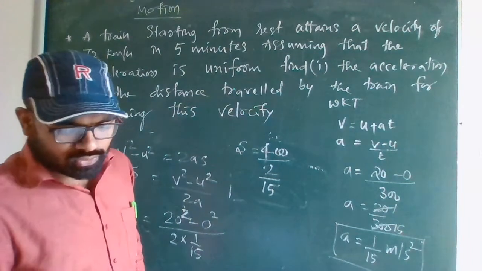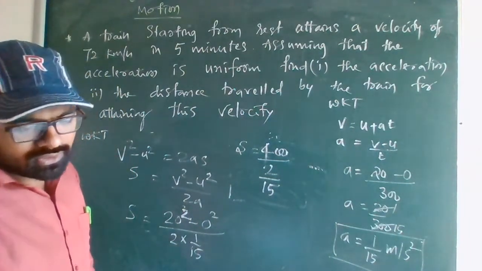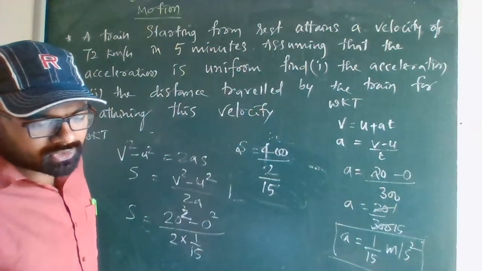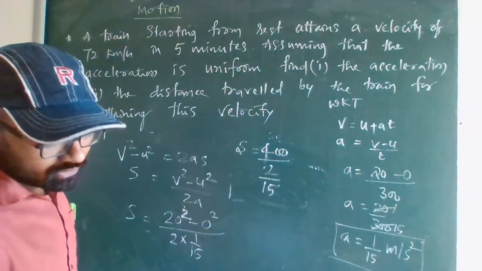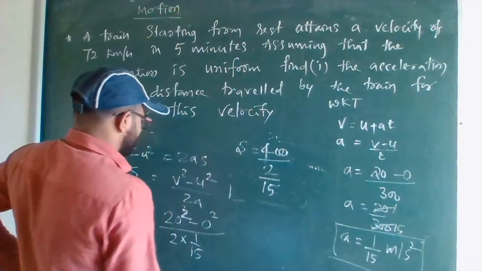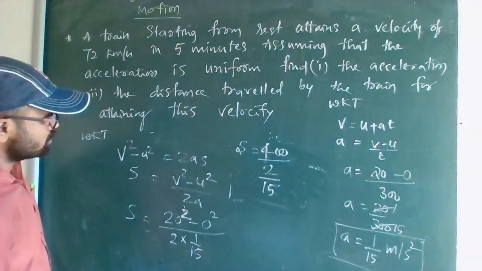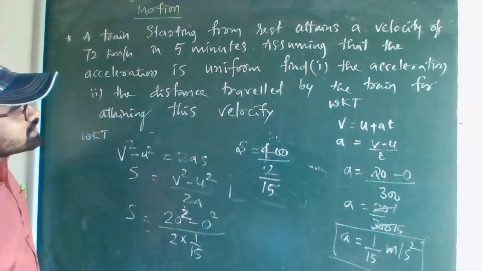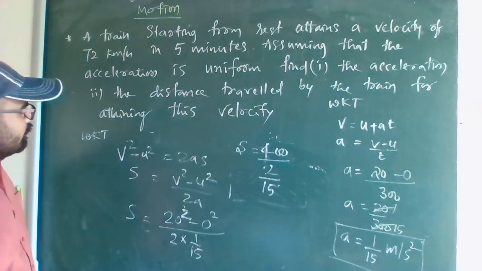So S is equal to 20 square divided by 2 into 1 by 15 meter per second square. 2A is 2 into 1 by 15, and 20 square is 400.